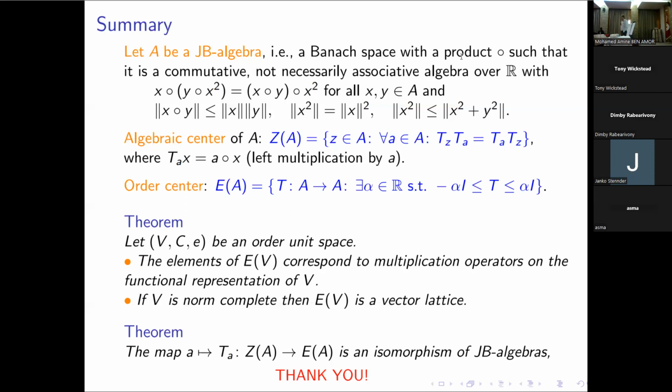I think, well, I did not check, but I would expect that the norm completeness is quite essentially used in these things. Under all these proofs and things that I told you, there's a lot of knowledge about JBW algebras, and there it really relies also on the completeness for the norm.